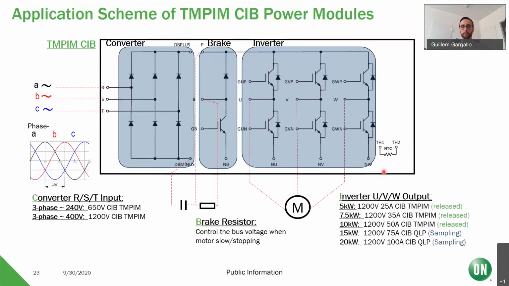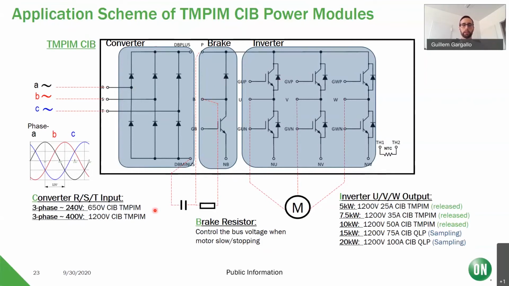First, maybe quickly to review the application scheme of this transfer molded PIM in this CIB configuration, and also which products we have available for approximately which power ranges. Once again, CIB is converter, brake and inverter, or converter-inverter-brake configuration.